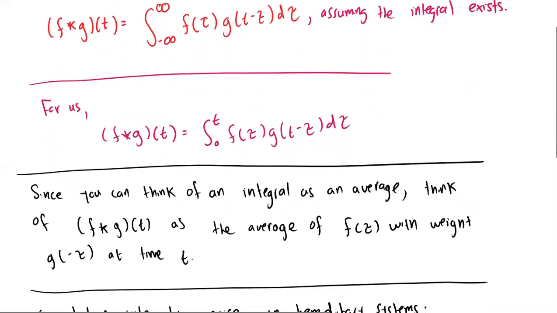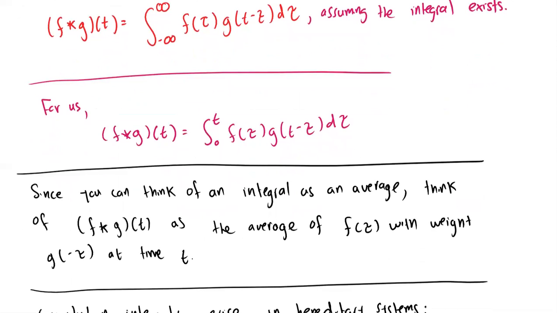Now, there's a couple of ways you can interpret this convolution integral. For us, we're going to use it to help us solve differential equations. In terms of other applications, you can think of this as sort of a weighted average. You can think of an integral in general as some sort of average. If you took Calc 1, you should remember this theorem for the average value of a function. You can calculate it using an integral.